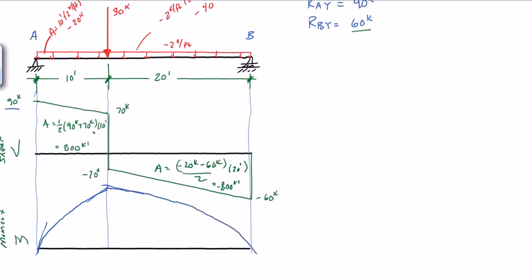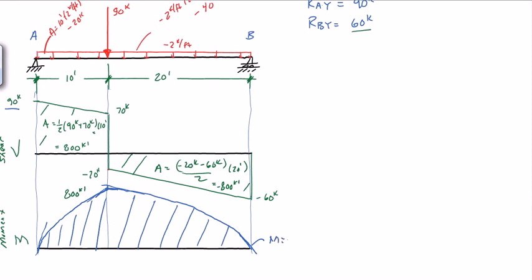So it gets kind of a flatter curve over there, and there's a little bit of a point going on there. Again, our maximum moment is equal to 800 kip feet. So this is our moment diagram, and this is our shear diagram here. We need to make sure we label all the points. So M equals 0 at the pins.